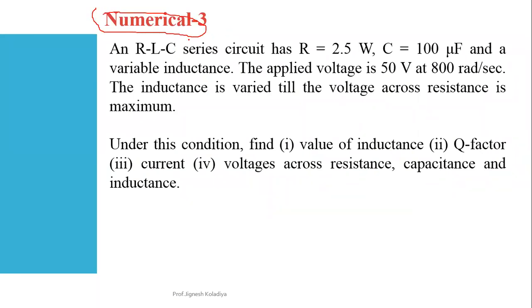So you can see the data. An RLC series circuit has resistance equal to 2.5 ohm, capacitor equal to 100 microfarad, and a variable inductance. So inductance value is not given.